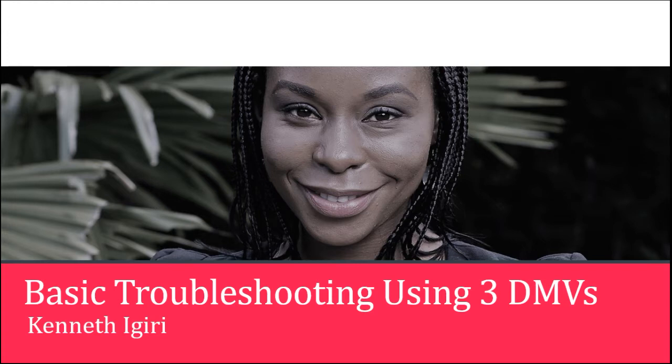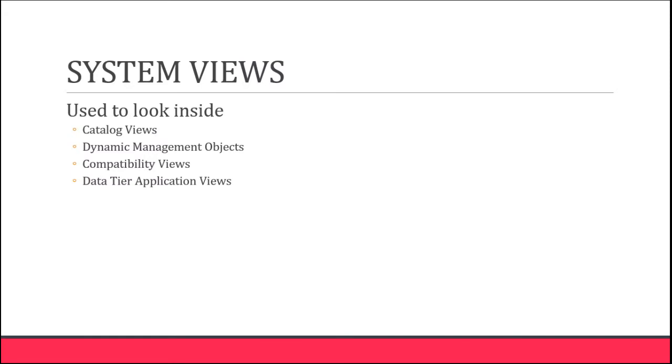So today we're going to look at basic troubleshooting using 3 dynamic management views that are exposed in SQL Server. If we remember the last time, one of the things we looked at was system views, and we talked about catalog views, dynamic management objects, compatibility views, and data application views.